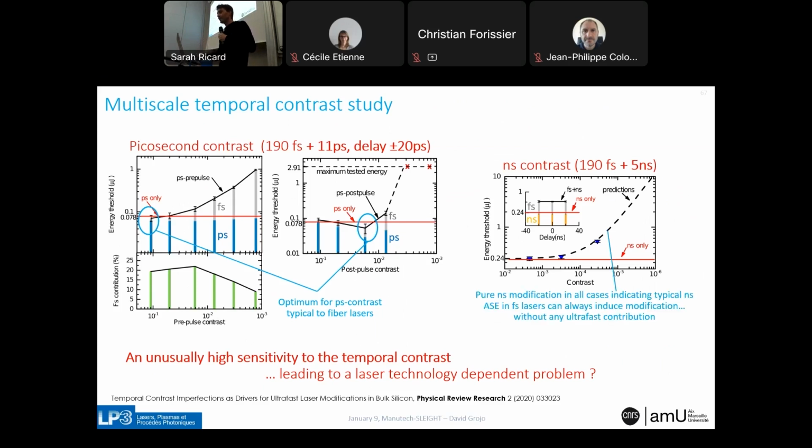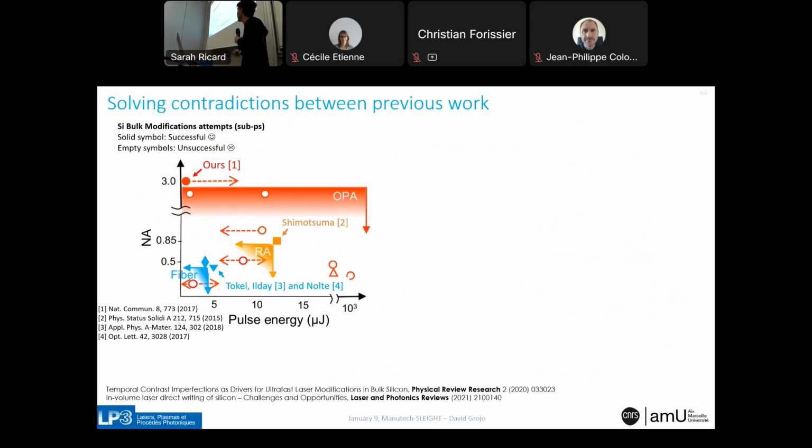This became very clear when we started to sort the literature results, depending on the groups, in terms of the NA requirement and pulse energy requirement to observe modification.